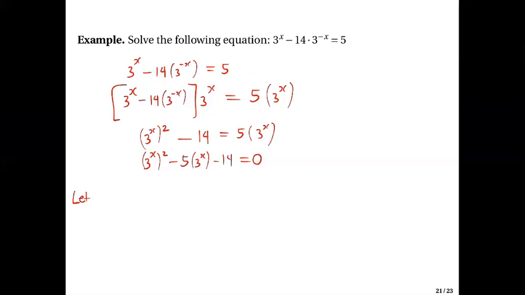You let z be equal to 3 to the x. So you will get z squared minus 5z minus 14 equals 0. So it's also a quadratic in form. I mean, this equation here is an equation quadratic in form because we were able to write it as a quadratic equation.